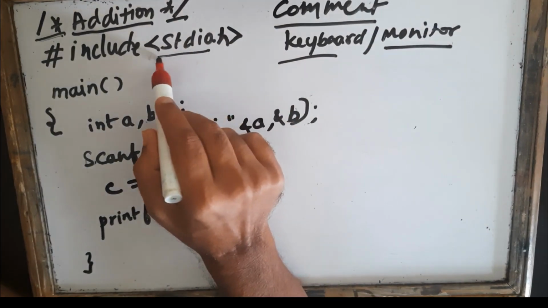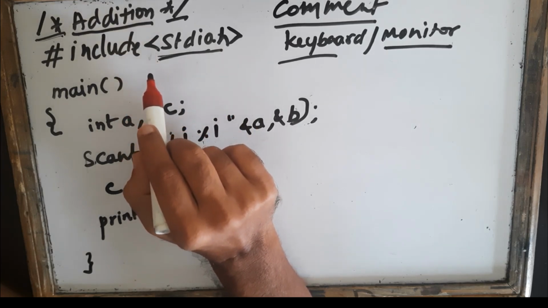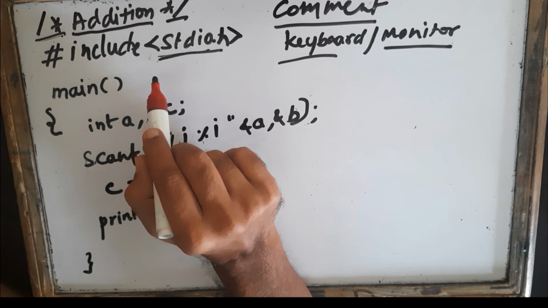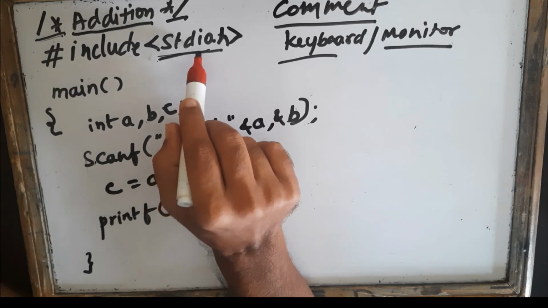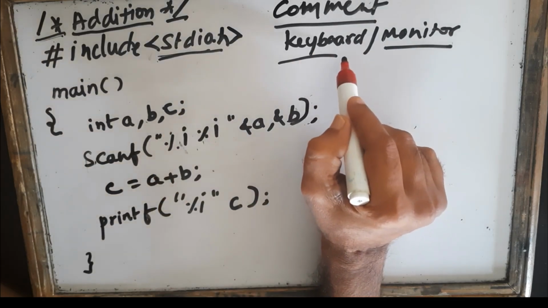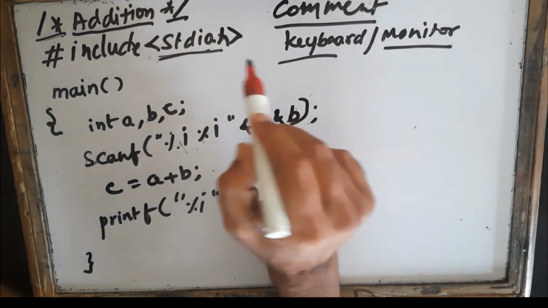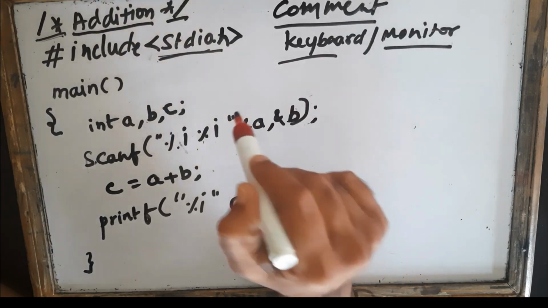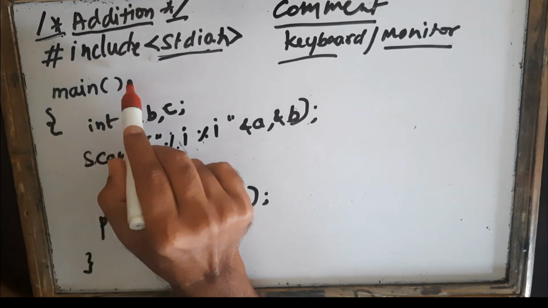So this will do standard IO. This will include a built-in library for the standard IO. IO means input output. For example, keyboard and monitor will be included so that keyboard and monitor can be used in our program. So this is mandatory.